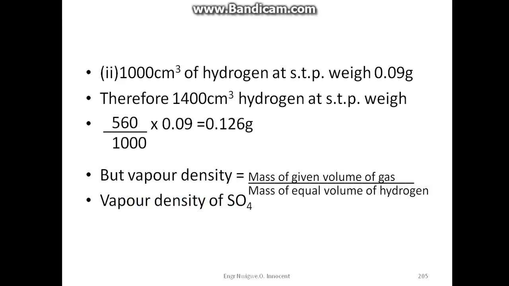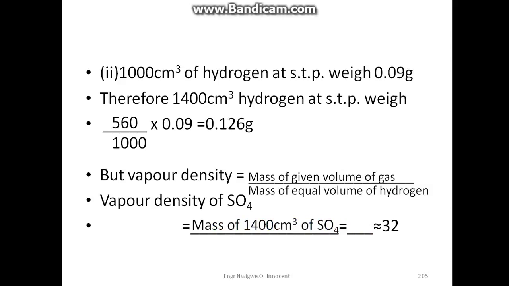Vapor density of sulfur tetraoxosulfate is now equal to the mass of 1400 cm cube of tetraoxosulfate 6 divided by the mass of 1400 cm cube of hydrogen, which gives us 4 over 0.126, approximately 32.